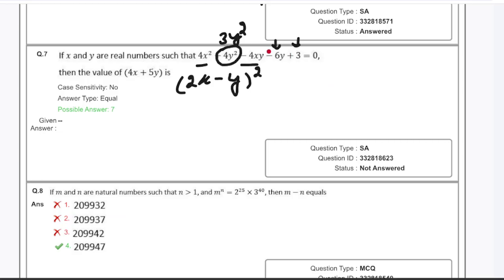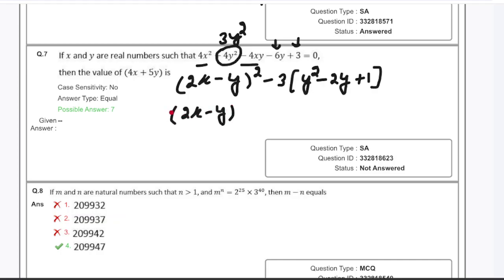Now here if I take minus 3 common, I get y square minus 2y plus 1. That is equal to 2x minus y whole square minus 3 times y minus 1 whole square, y square plus 1 minus 2y.